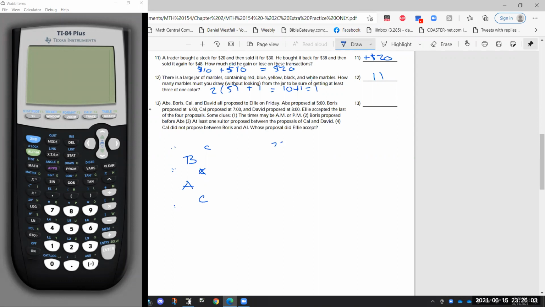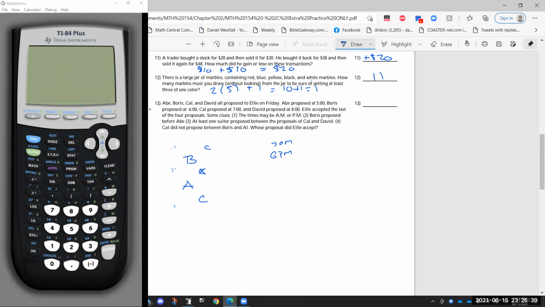If Cal is 7 AM, then Boris is going to have to come after him, so Boris is 6 o'clock. Well, that means that this has to be 6 PM. And then that would mean everybody else would have to be PM because they're going to come after that, right?